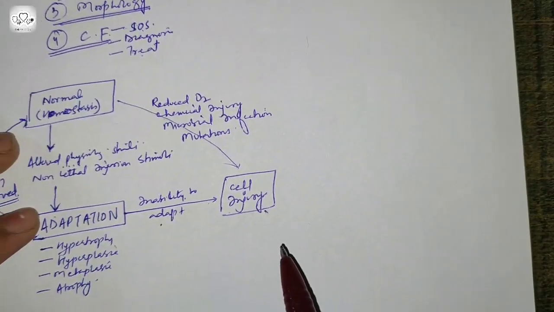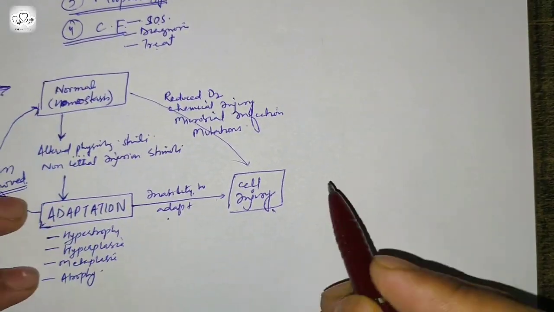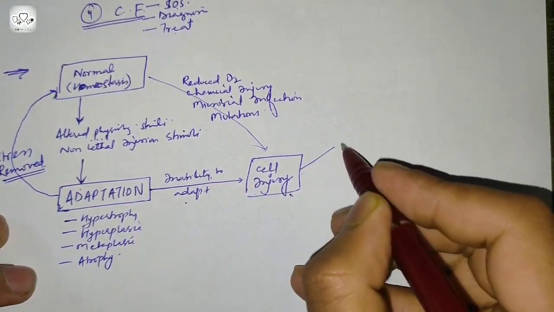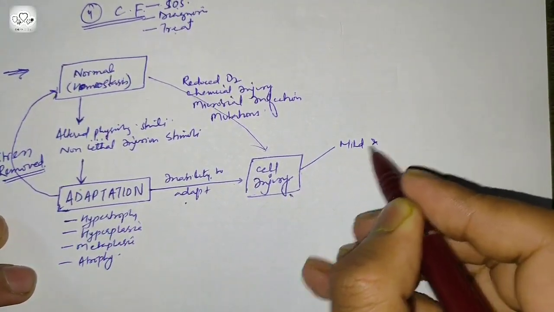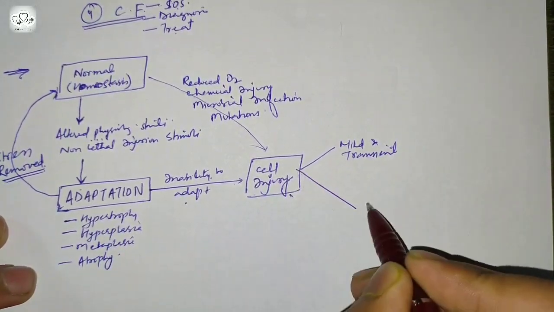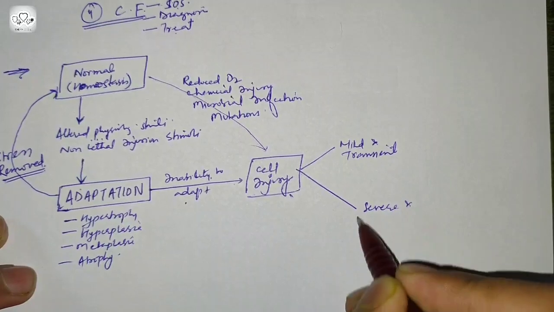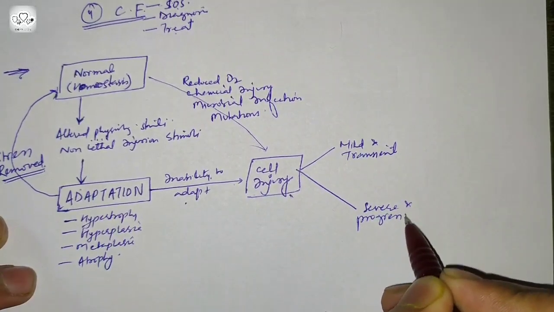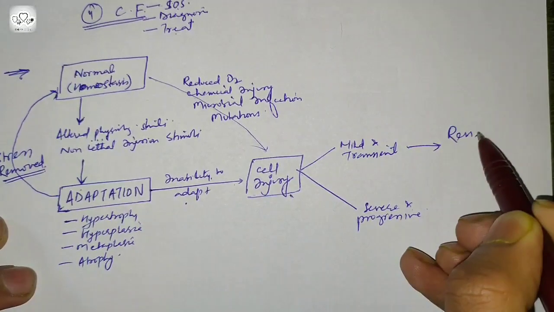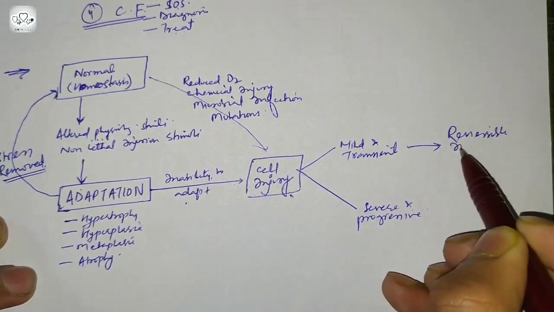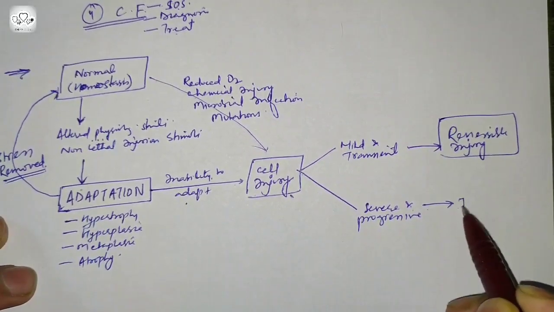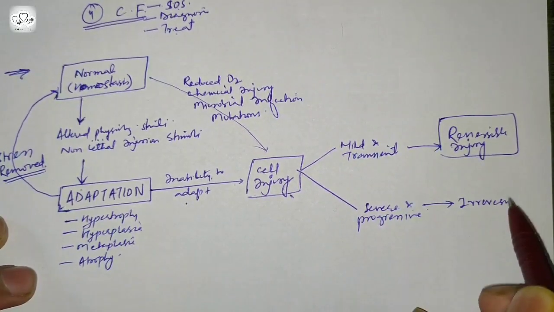And once the cell injury occurs, it is usually of 2 broad types. The cell injury might be either mild and transient, or the cell injury may be severe and progressive. All right, if it is mild and transient, it is generally known as reversible injury. But if it is severe and progressive, it is known as an irreversible injury, as we all know.